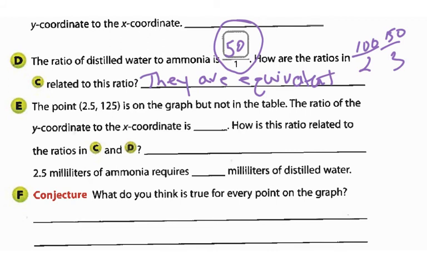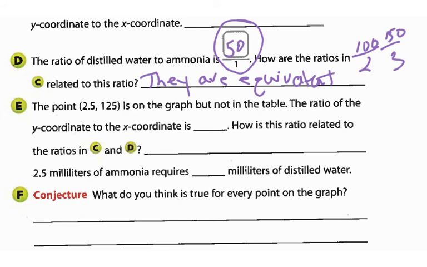Now part E says the point (2.5, 125) is on the graph, but not in the table. The ratio of the y-coordinate to the x-coordinate is what? How is this ratio related to the ratios in C and D? Well, when you look at 125 over 2.5, let's put that in simplest form. I'm going to move it over so I have a little bit more room to work, and I'm going to change my color.